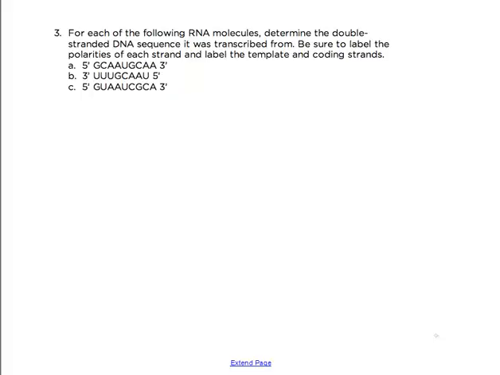So let's look at A. Remember that the coding strand in the DNA is exactly the same as the RNA that was made, except that the uracils are changed for thymines. So in order to get the coding sequence, we're just going to copy this, so it's going to be 5' G, C, A. Now here, the U, uracil in RNA, is going to be a thymine in DNA, so we'll write a T. Then it's going to be G, C, A, 3'.